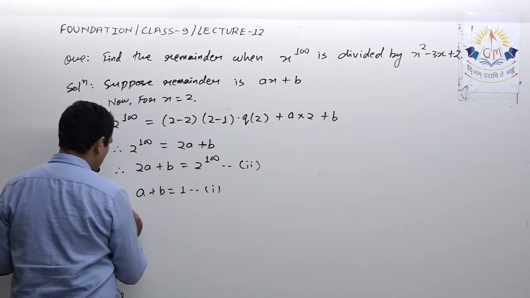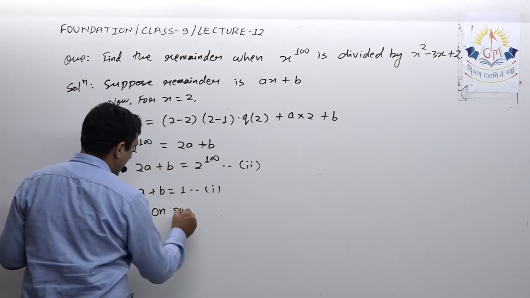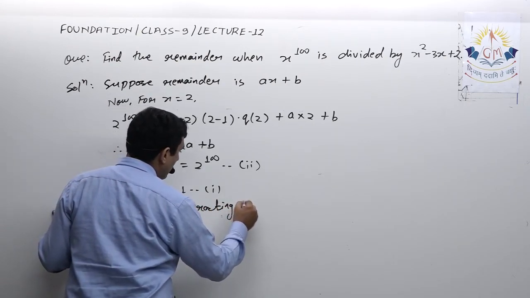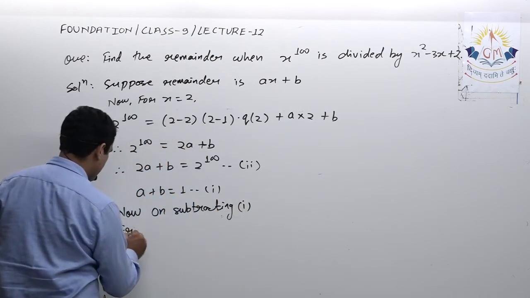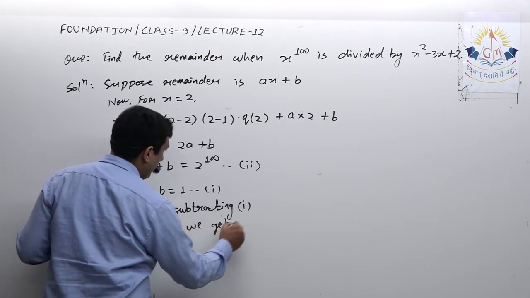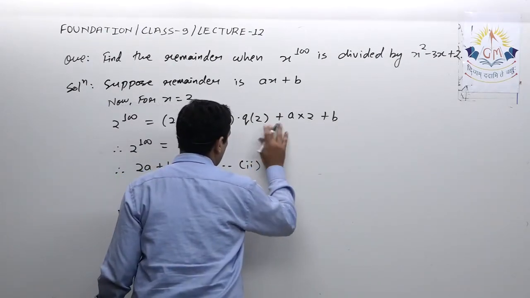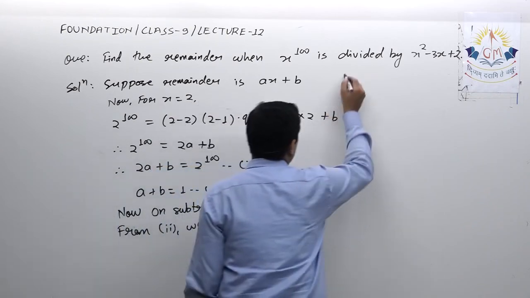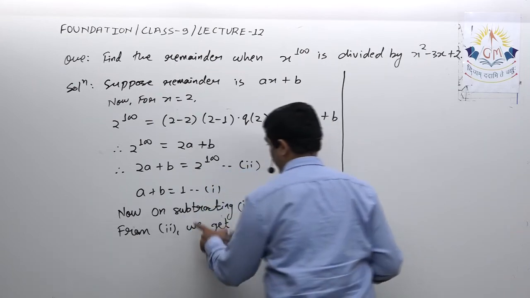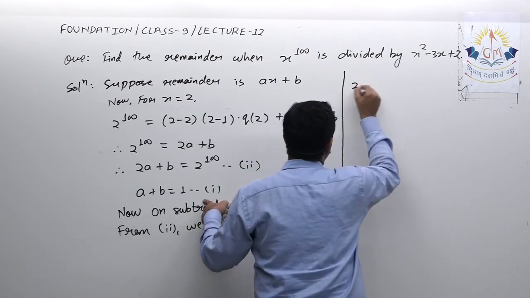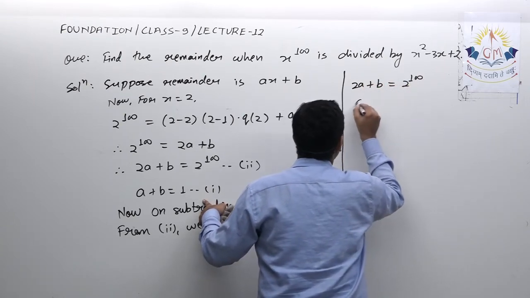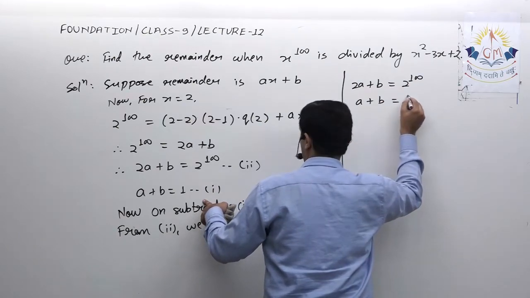Now on subtracting first from second, let us see what we will get. Here I have 2a plus b is equal to 2 raised to 100, and here I have a plus b is equal to 1.